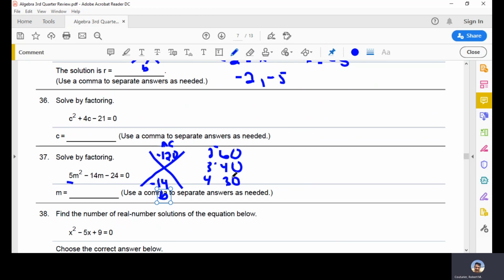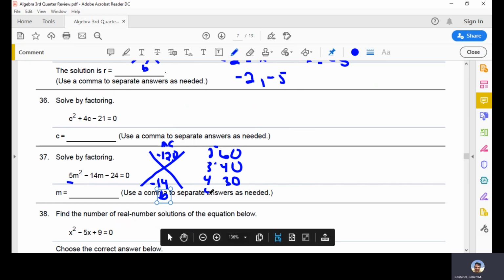And then 120 divided by 5 is 24. I'm just getting lists of them. 120 divided by 6 is 20. So 6 and 20, knowing that these are all supposed to be the negative.